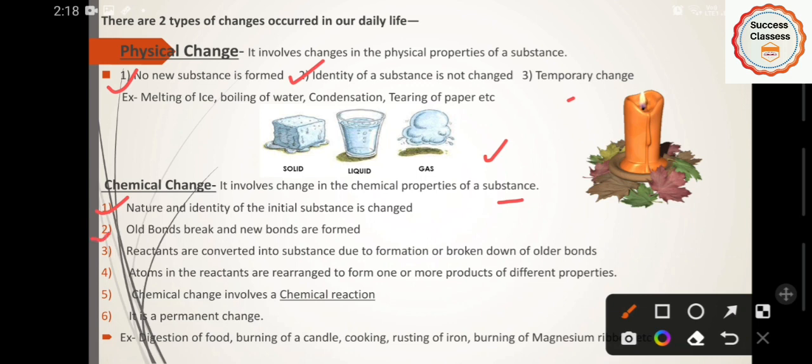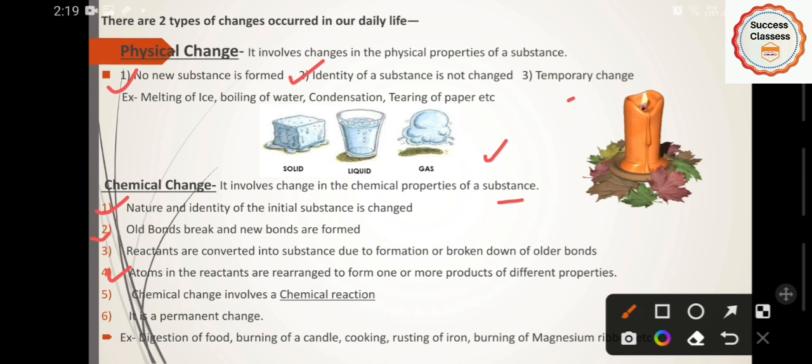The reactants are converted into new substances due to the breaking of older bonds and formation of new bonds. Atoms in the reactants are rearranged to form one or more products of different properties.